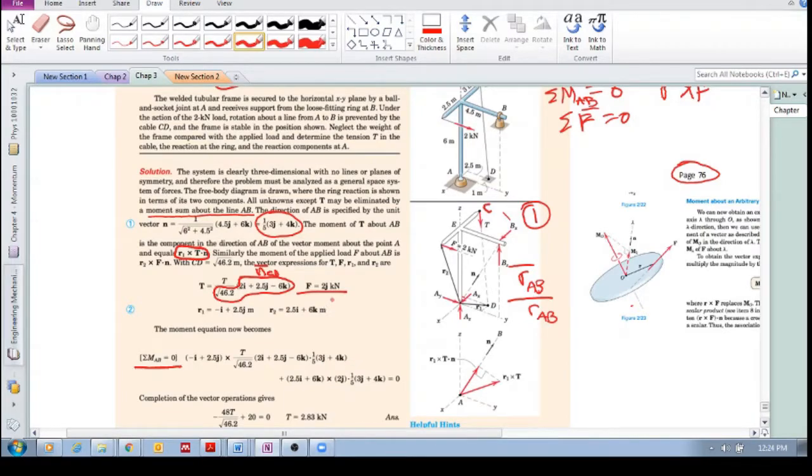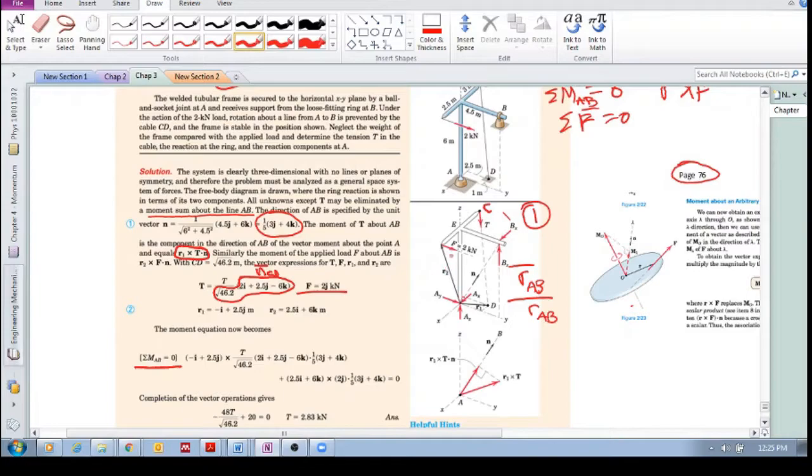And then again, we also do that for this force. We're calculating the moment of this force about that line. So we need a position vector from A to any point along the line of action. So the only one that we can find here is that point and that point.